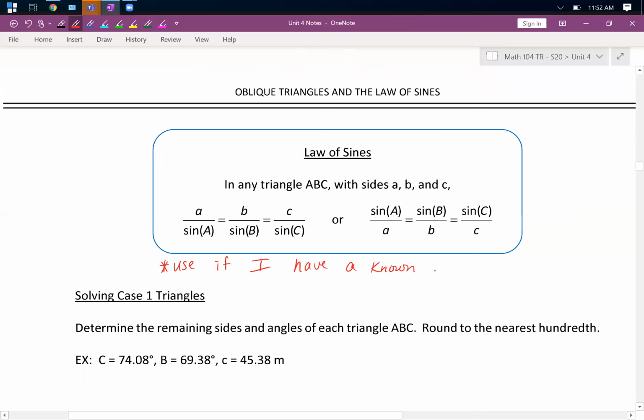And what I mean by that is I have to have angle A and side A, and we know that those are going to be crossed from each other in the triangle. So I either have to have this angle and this side known, or this angle and this side. If I have a known pair, then it's a dead giveaway that we want to use law of sines.